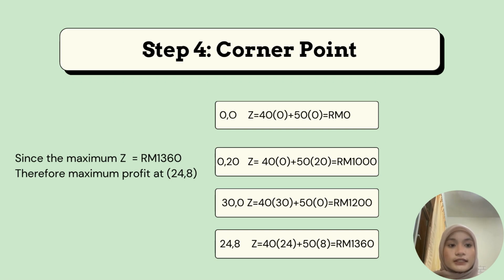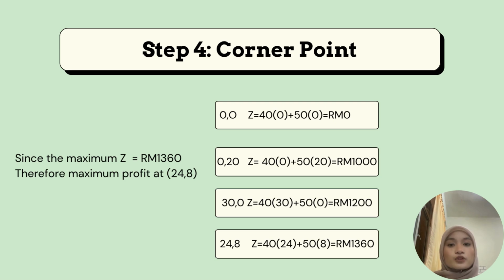For the third corner point, we get 30, 0, which is 30 in axis x and 0 in axis y. Z equal to 40 multiplied by 30 plus 50 multiplied by 0, then we get RM 1200. And the last corner point, we get 24, 8, which is 24 in axis x and 8 in axis y.